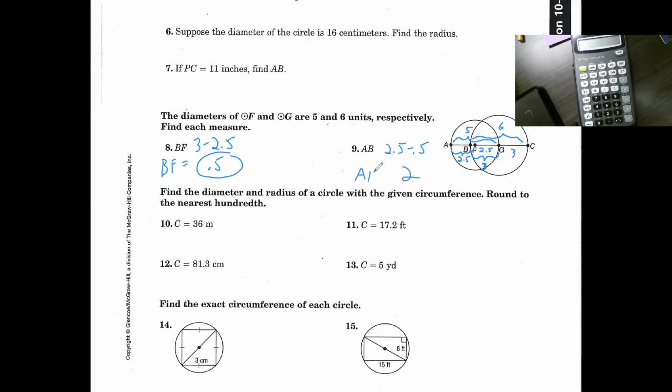So the length of AB is 2. Any questions there? All right.